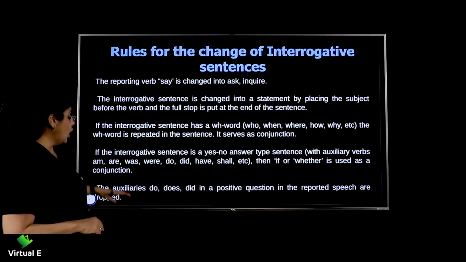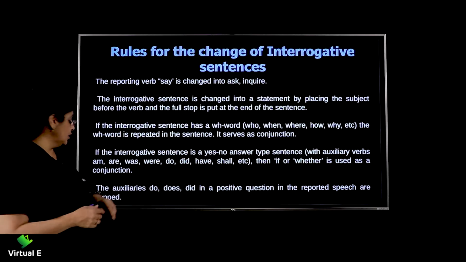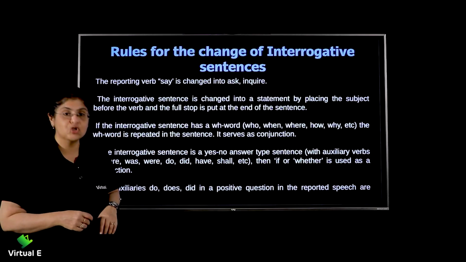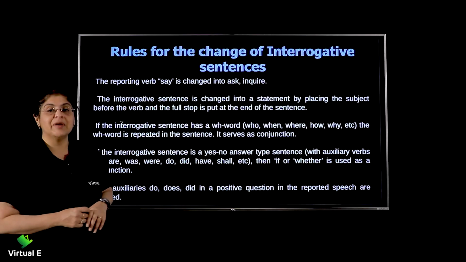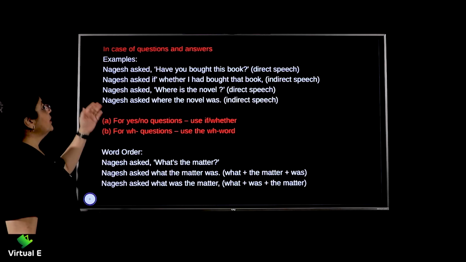Yes. The auxiliary do, does, did in a positive question in the reported speech are dropped. This you will understand better when we solve examples. So let's move on.